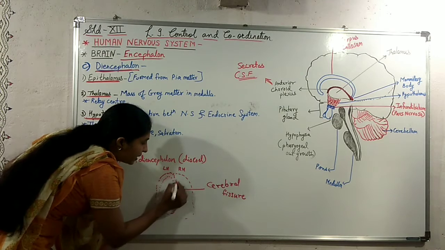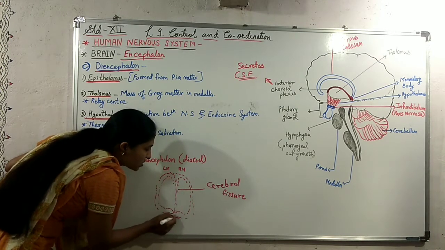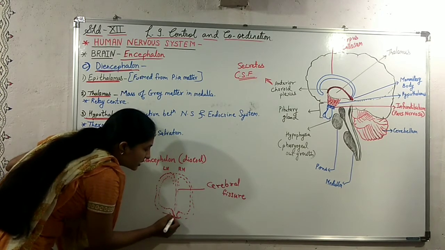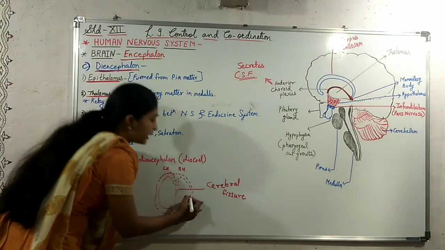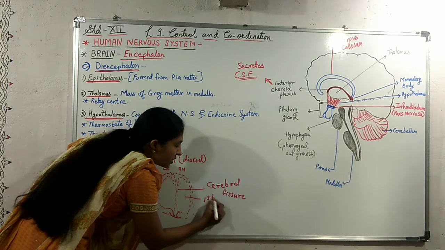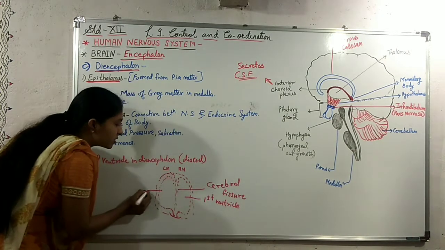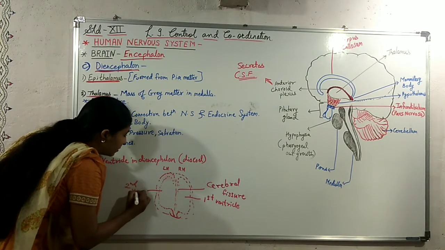These cavities are called ventricles. The one in the right hemisphere is called the first ventricle. And the one on the left side is called the second ventricle.